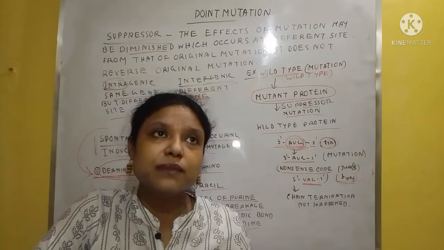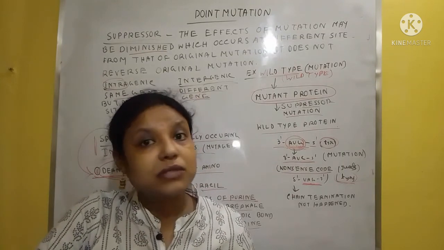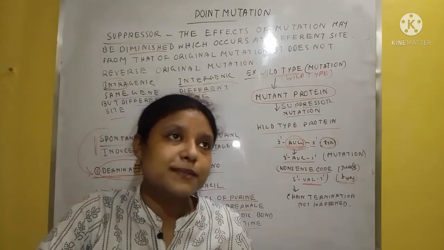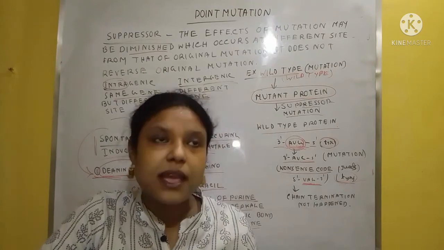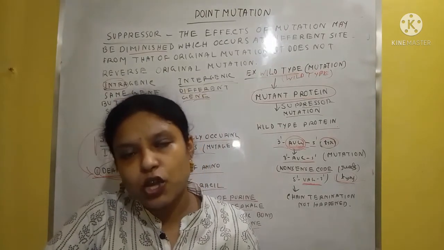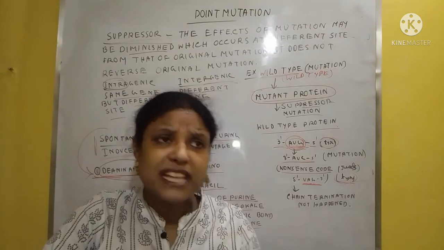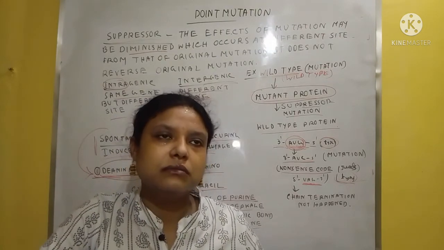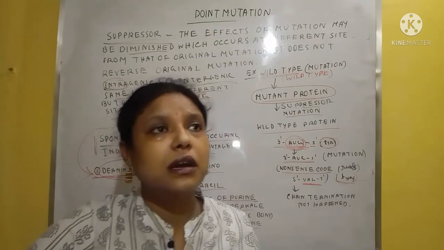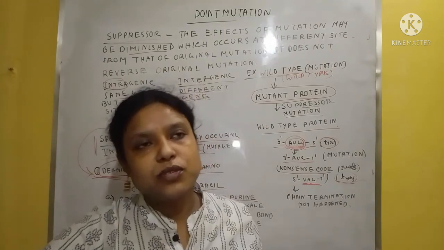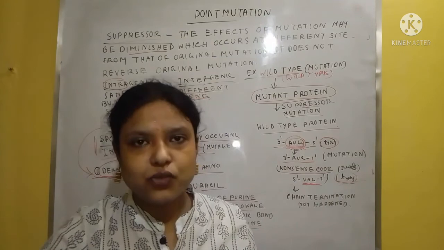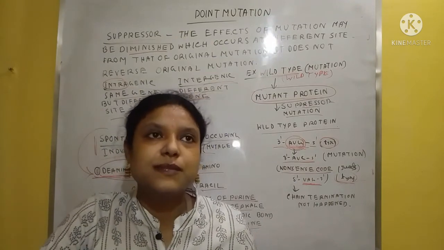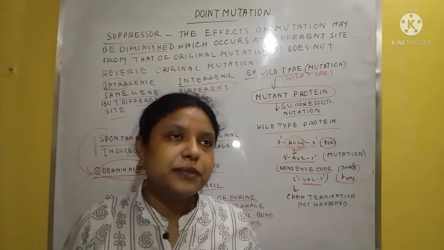The transposition mutation means we know about the transposable elements. The transposable elements have a feature: they can easily be inserted at any place of the gene, and they can move along the gene. When I explain the transposable element, I will tell about that. Today I just explain the transposition mutation briefly.